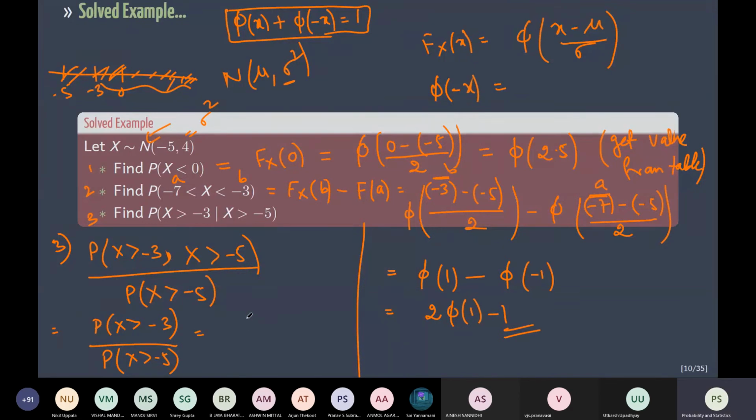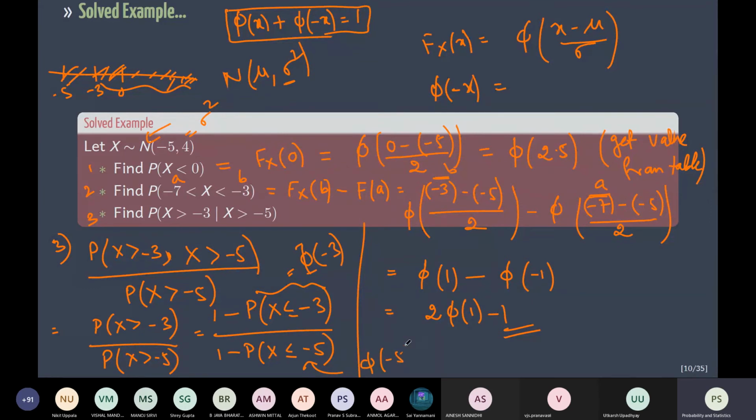From here onwards, we have somewhat already figured out. This is given in terms of greater, and phi is given in terms of less, so we can take a complement. This is 1 minus the probability that x is less than or equal to -3, and this is 1 minus the probability that x is less than or equal to -5. And now we know that these are phi values: phi of -3, and this one is phi of -5.